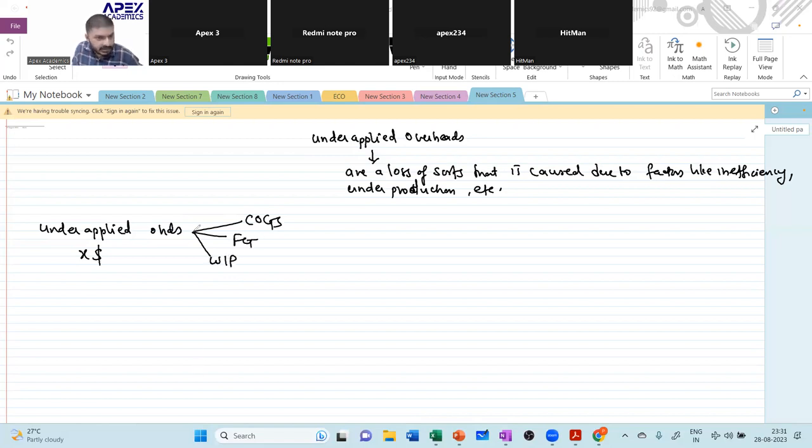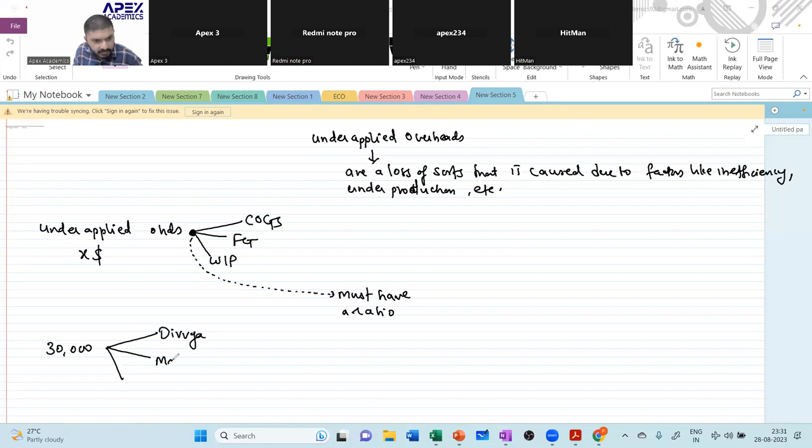So, if you have to allocate, the allocation must have a ratio. Very simple. 30,000, you have to allocate it between Divya, Monica, and Haripriya. Their ratios are 3:2:1.